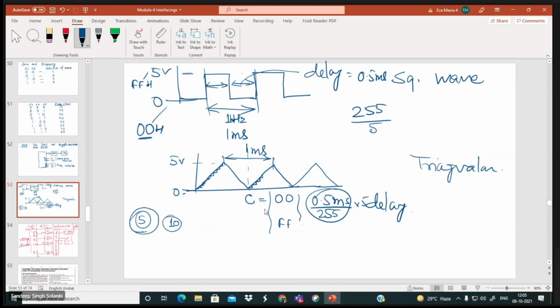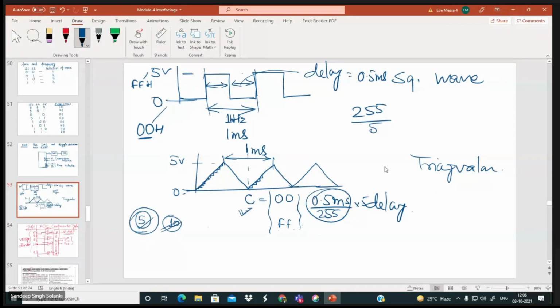Keep on adding, you will reach the maximum, and after that again you add, you will go to the next. So here you will be requiring only a jump. Because it is a waveform, no condition is needed. So simply the unconditional jump is needed. So this is the triangular wave.